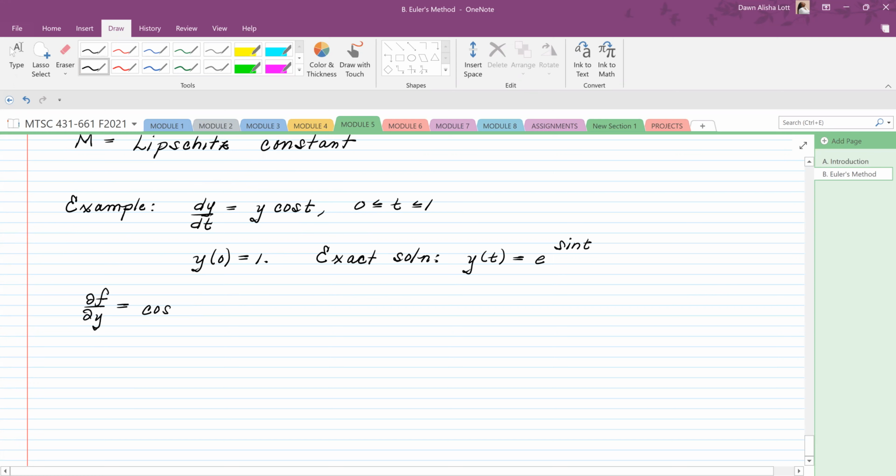And so the absolute value of the partial of f with respect to y is equal to the absolute value of cosine t. And we all know that that thing is less than or equal to 1. So that implies that y of t has a unique solution.